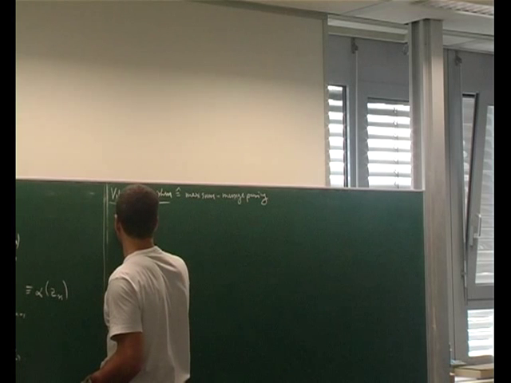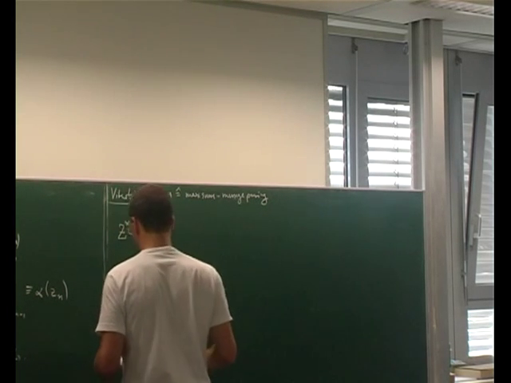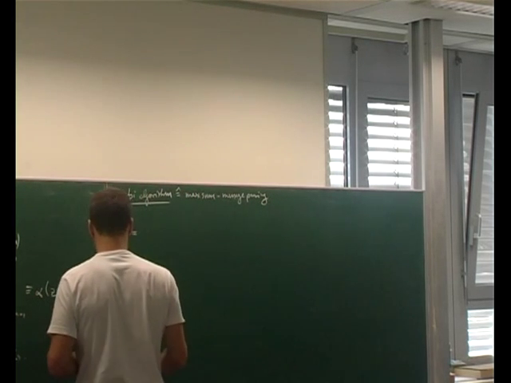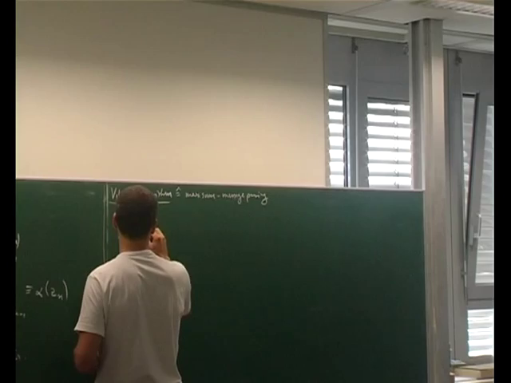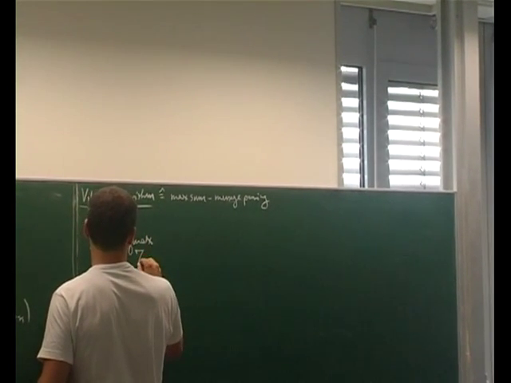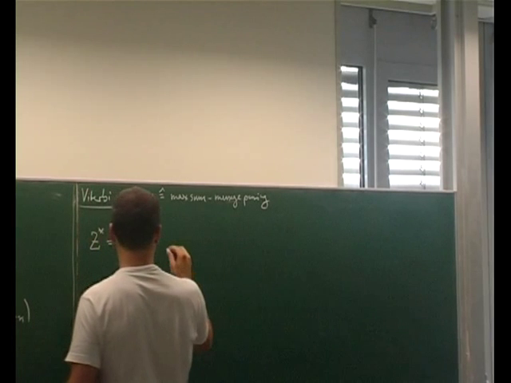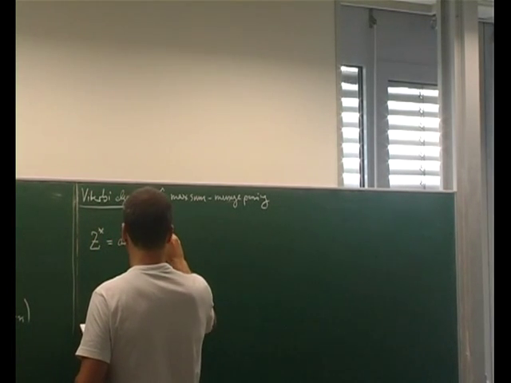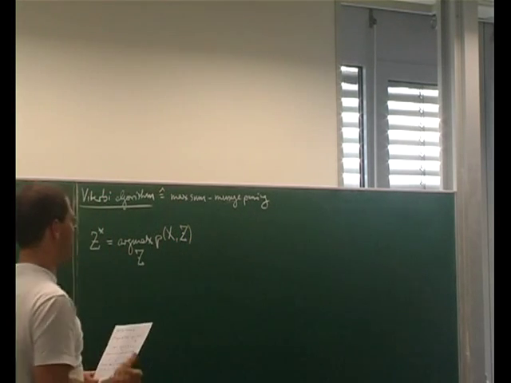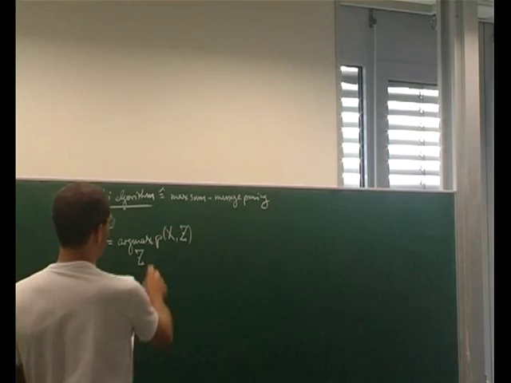So the single most likely sequence of states that might have given rise to the observations that we see is the maximizer of the joint probability. I'm drawing these exaggerated z's to say that these are capital letters.